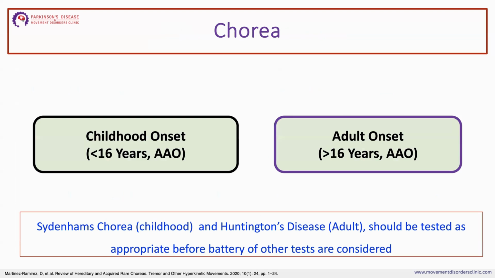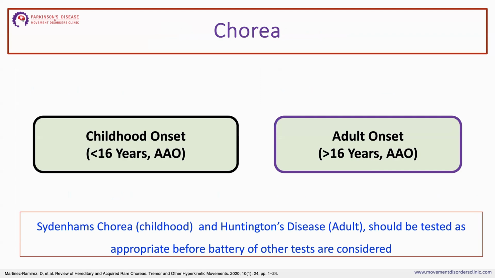Normally, chorea can be broadly classified into childhood onset and adult onset. Childhood onset is chorea occurring below the age of 16 years, and adult onset is above the age of 16 years.